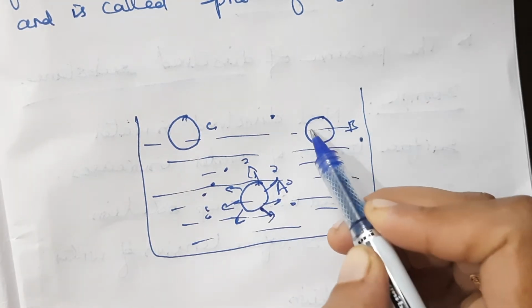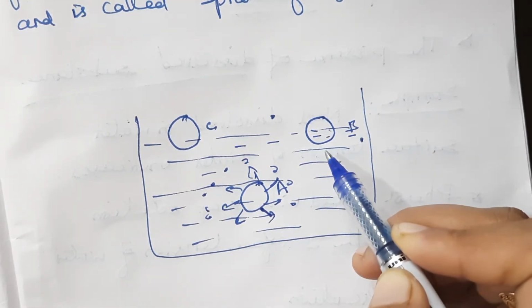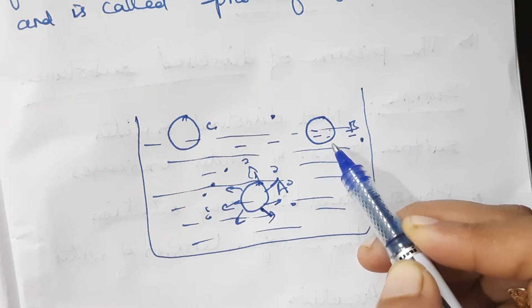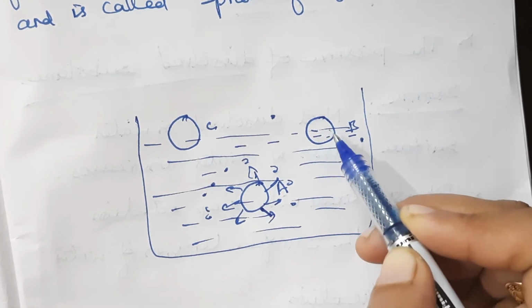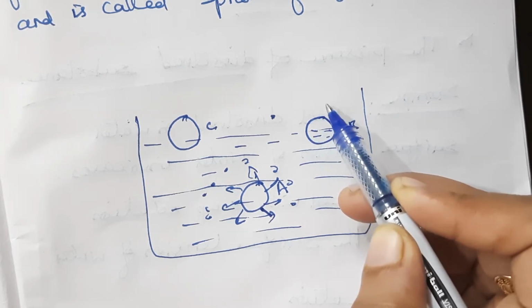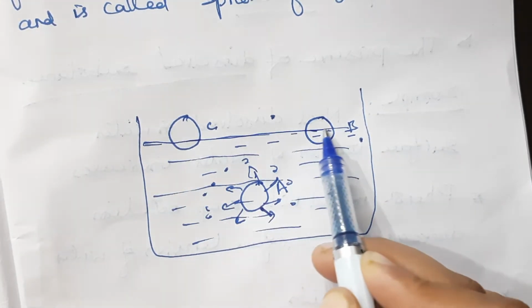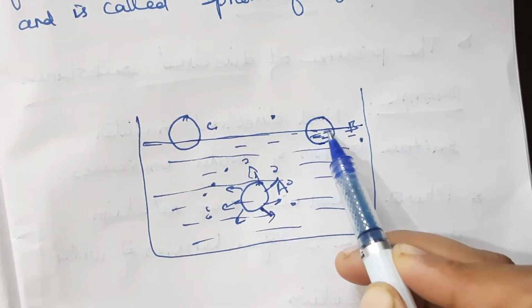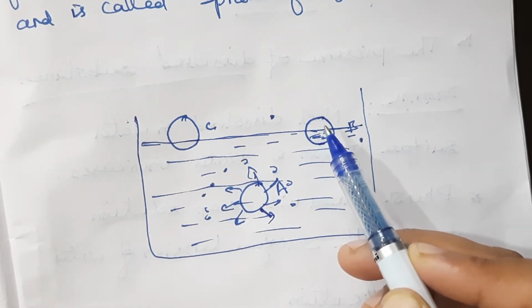Now let's consider this B molecule. This B has more molecules in the downward direction. So 3/4 lies below the surface of the liquid and 1/4 in the air. Can you understand? This is actually the surface of the liquid. So 3/4 is below the surface of the liquid, 1/4 is above the surface, that is in the air.